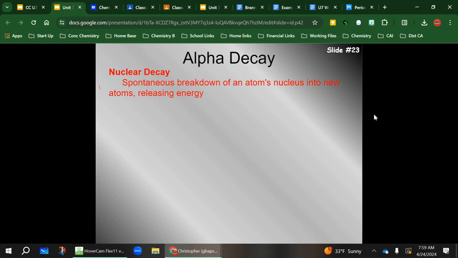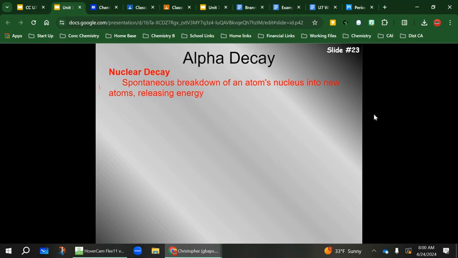Now, in alpha decay, what happens is there is a nuclear decay. That is a spontaneous breakdown of the atom's nucleus into new atoms, releasing energy. And it is the energy part that is dangerous or useful to us. If you are talking about a nuclear reactor that will make power for a submarine, or a battleship floating in the ocean, we're using that for good.